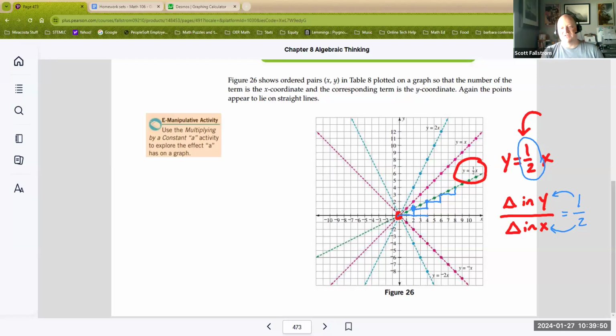So I could go over 6 units on the x. Take a look at what that would mean. That'd be 6 on the bottom. And then how far would I have to go up to maintain that 1 to 2 ratio? And we could say, oh, I have to go up 3. Again, this is the power of fractions with that fundamental law of fractions. So you can use that to find new points very, very quickly. Okay. So that also is pretty cool.